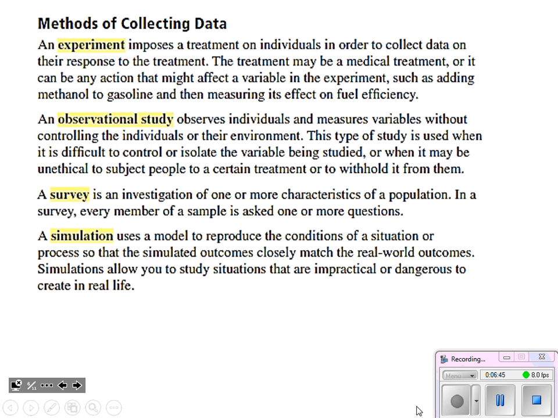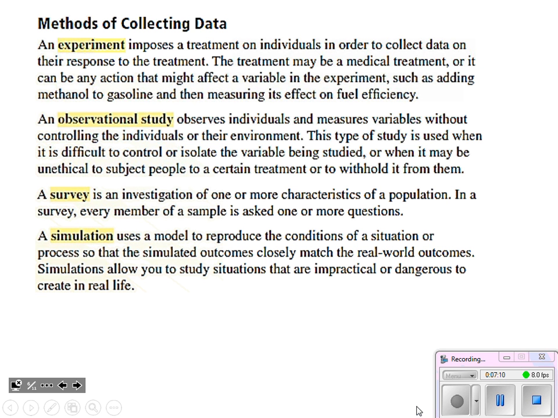All right, sorry I'm talking an awful lot, but again, it's mainly vocabulary. So how can we collect data? We could use an experiment, we could observe, we can take a survey, or we can run a simulation. We saw a simulation with our coin that we suspected favored one side in the last section. A survey is pretty self-explanatory.